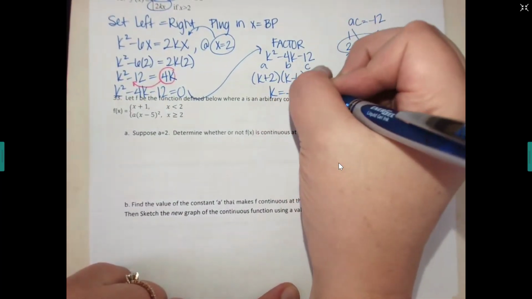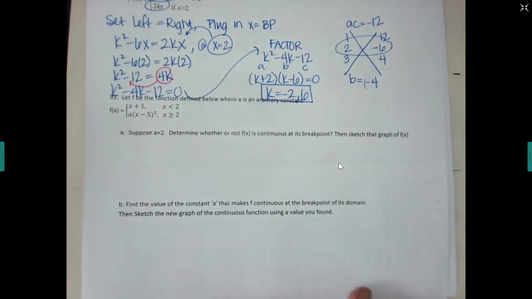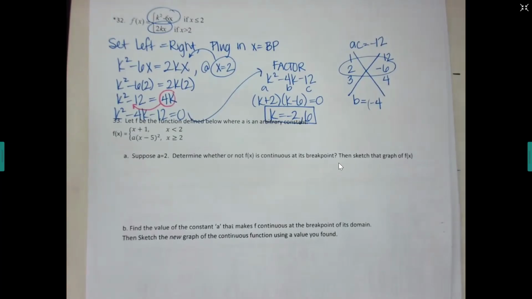Questions on that? All right, and then make sure if it's a k squared, you should get 2 answers for a quadratic equation. If it's a regular k, you're just going to get 1, but k squared, you should get 2. Okay? All right, good job.